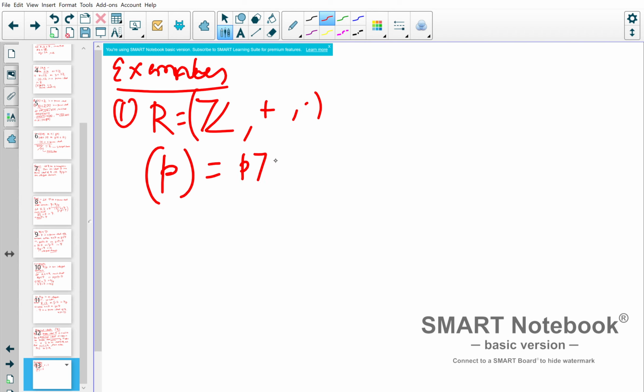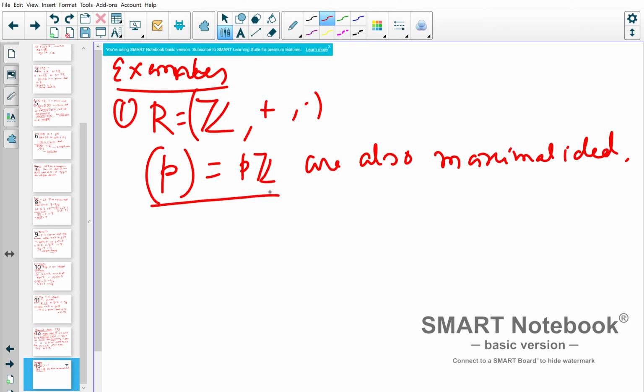But these are also maximal ideals for any prime number. If you take the ideal generated by a prime p, pZ, they are also maximal ideals for any prime p. Okay.